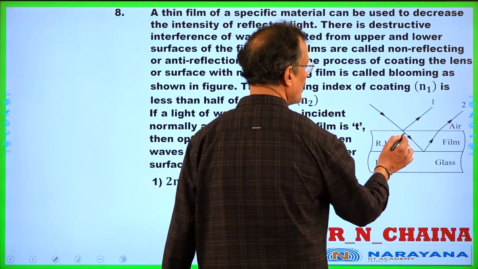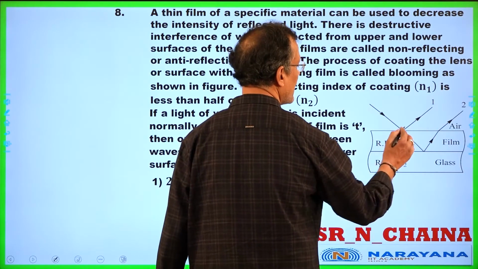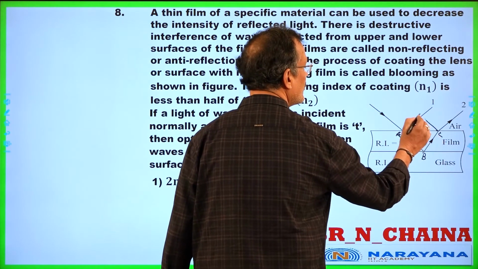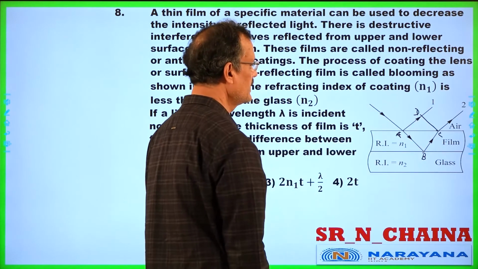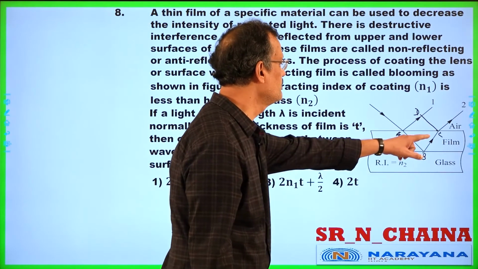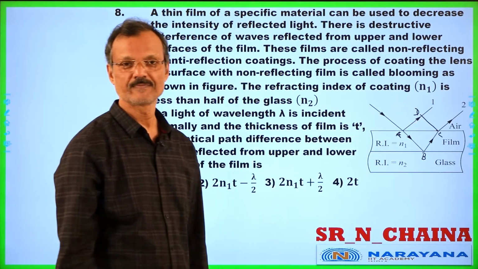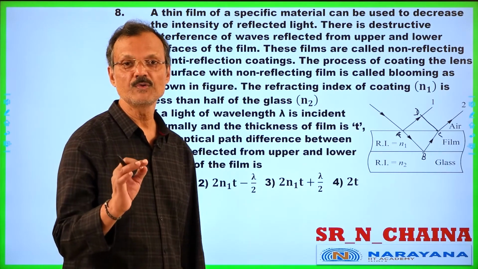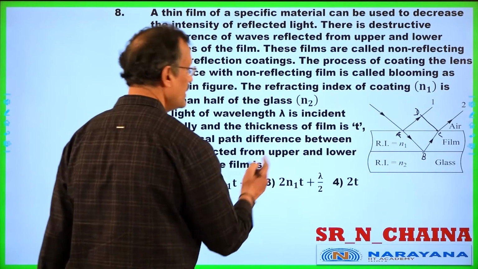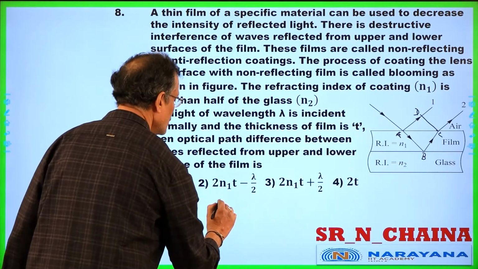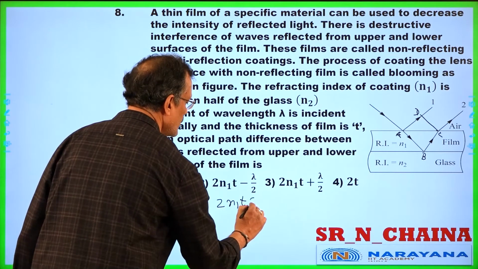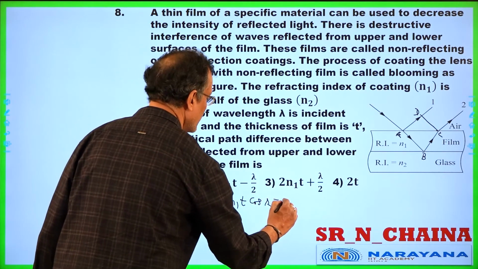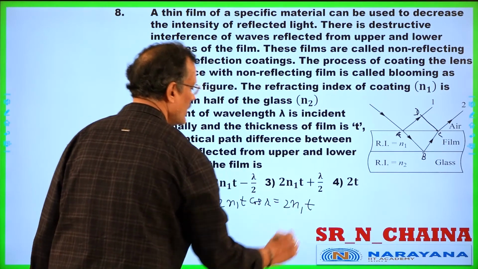If I name the points A, B, C and drop a normal at D, the real path difference will be AB plus BC minus AD. Clear to you? So this will be equal to 2 mu t cos r. Here mu is N1, so 2 N1 t cos r. Since r is 0, cos 0 is 1, so it will become 2 N1 t.